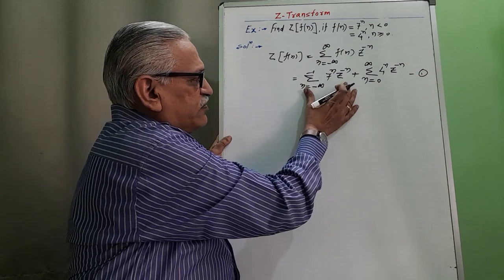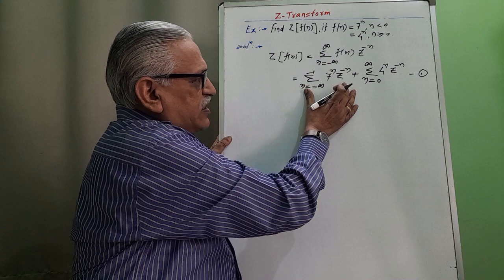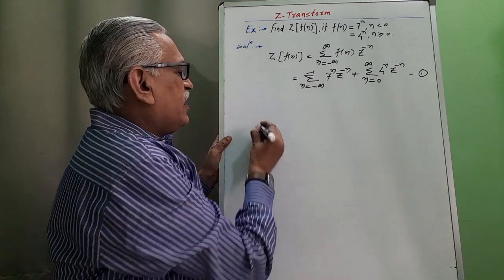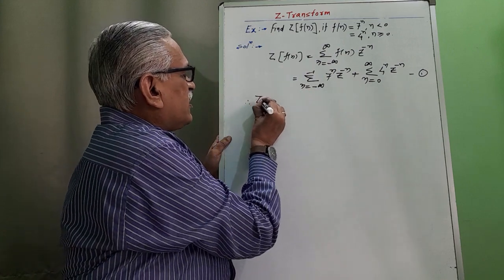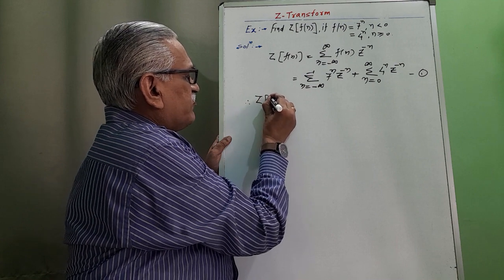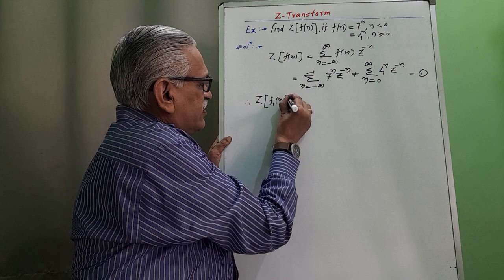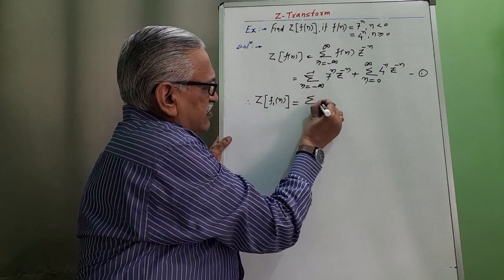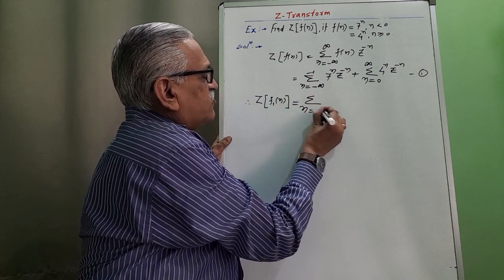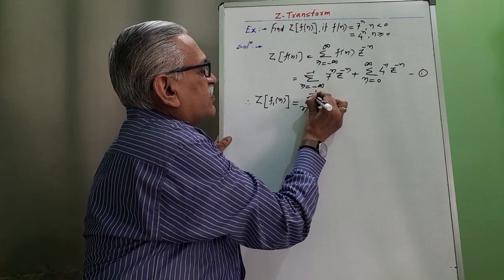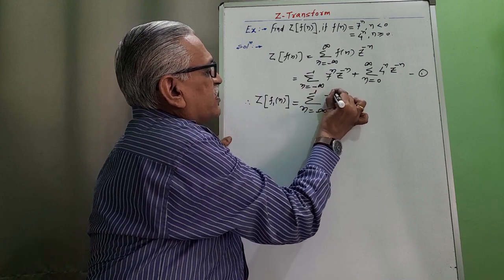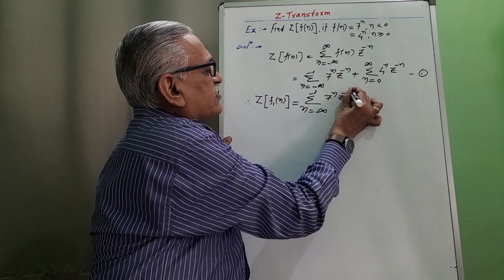Then we have to determine the value of the first separately and the value of the second separately. Therefore Z transform of the first function f1 of n is summation from n equals minus infinity to minus 1, 7 raised to n, z raised to minus n.